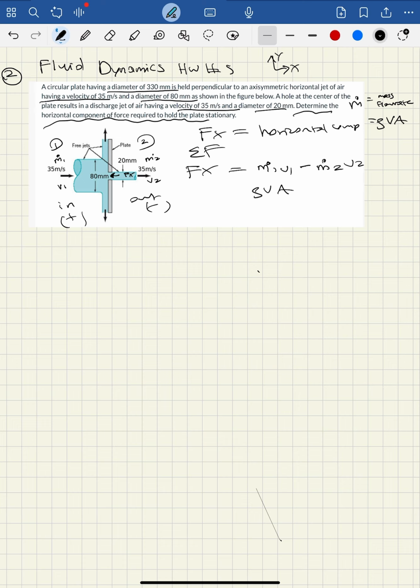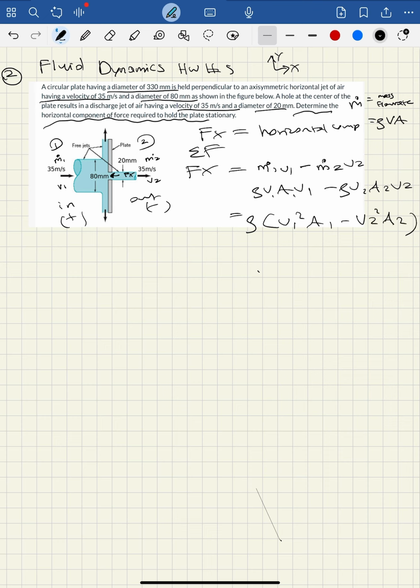As you can see, we can simplify this a little bit more. In this case, our density is going to be the same, so we can just take that out. Simplify that as well. Okay.